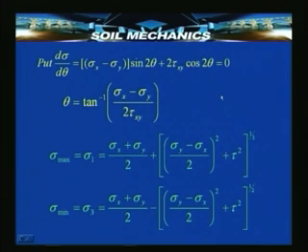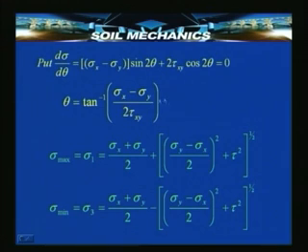As you can verify easily, when theta is equal to tan inverse of (sigma x minus sigma y) by 2 tau x y, 2 theta will be equal to tan inverse of (sigma x minus sigma y) by tau x y, and cos 2 theta and sin 2 theta can be correspondingly computed. Then you substitute in this equation, and you will find that this equation is satisfied.